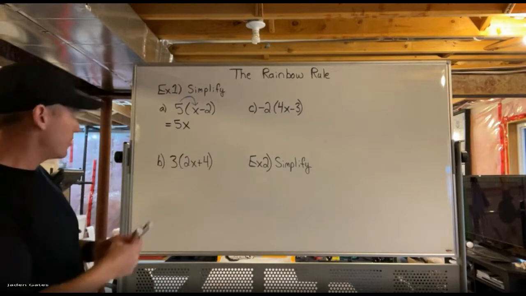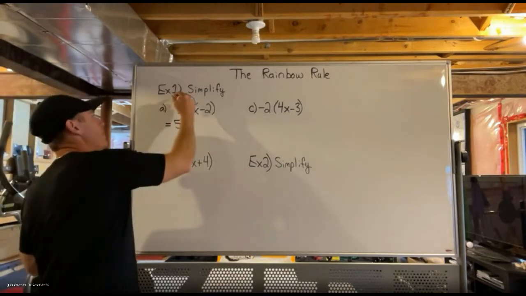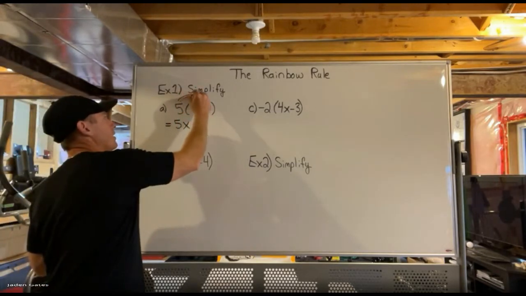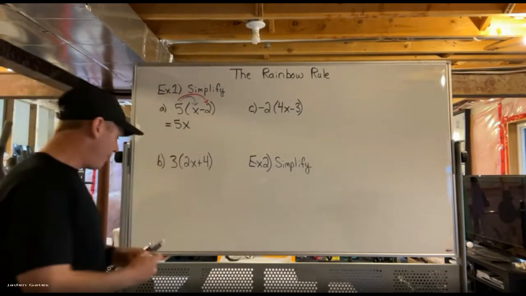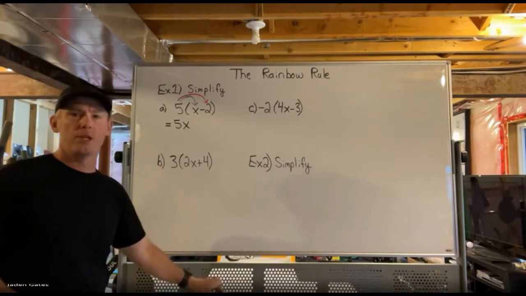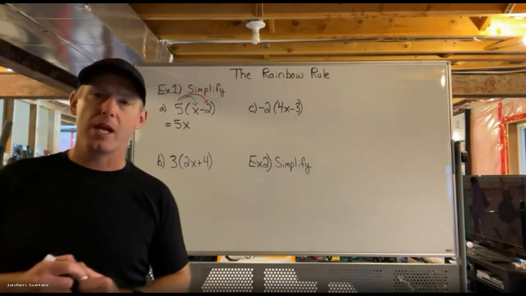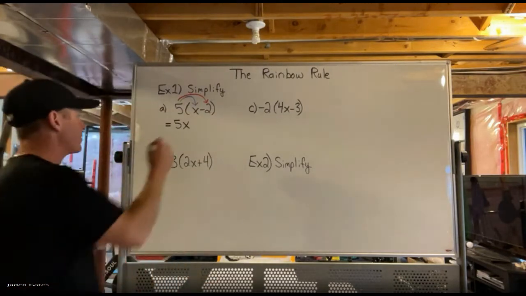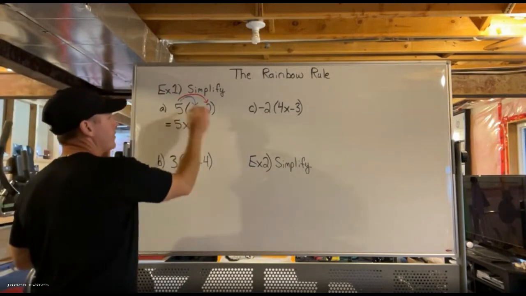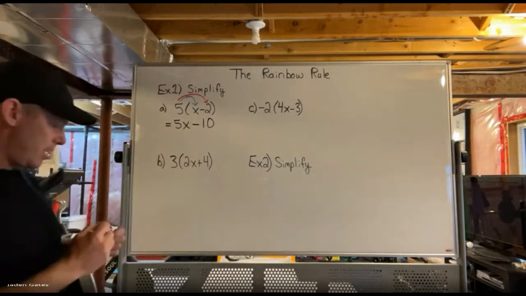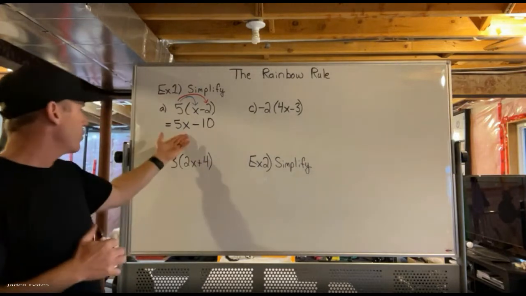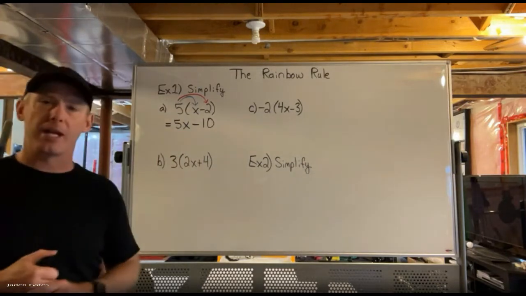Then I have to take that 5 and multiply it by -2. So 5 times -2, we got a positive times a negative, so that's going to give us a negative answer. And in fact, 5 times -2 is -10.